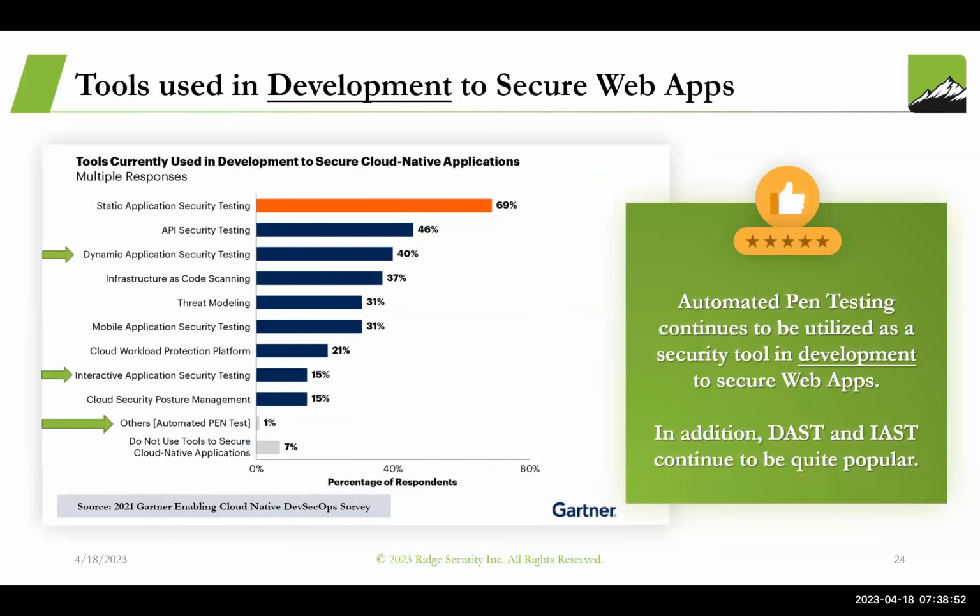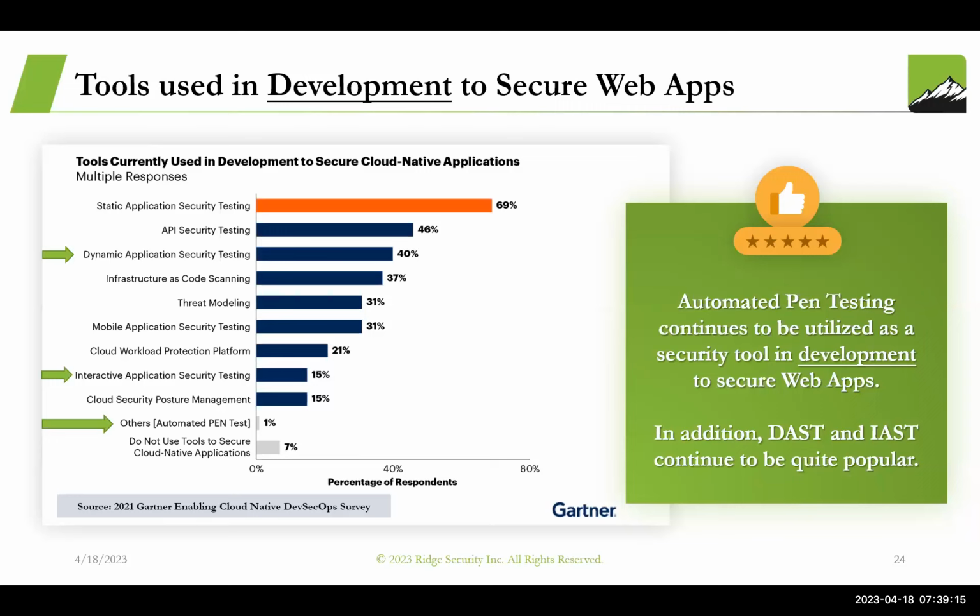At this point, I want to share the result of a survey that was done by Gartner to rank various tools that were used during the development phase to secure web apps. The survey shows 3 types of tools, namely DAST, IAST, and automated pen testing as being popular or gaining momentum.